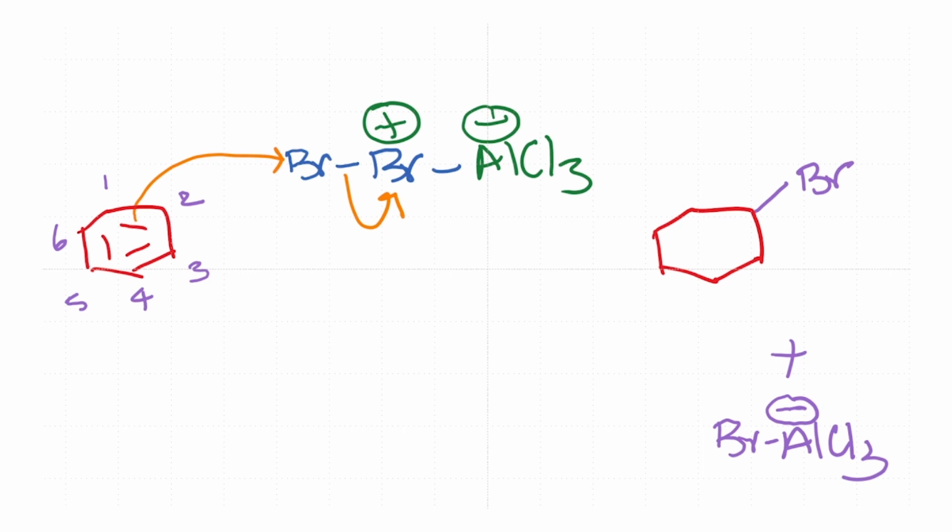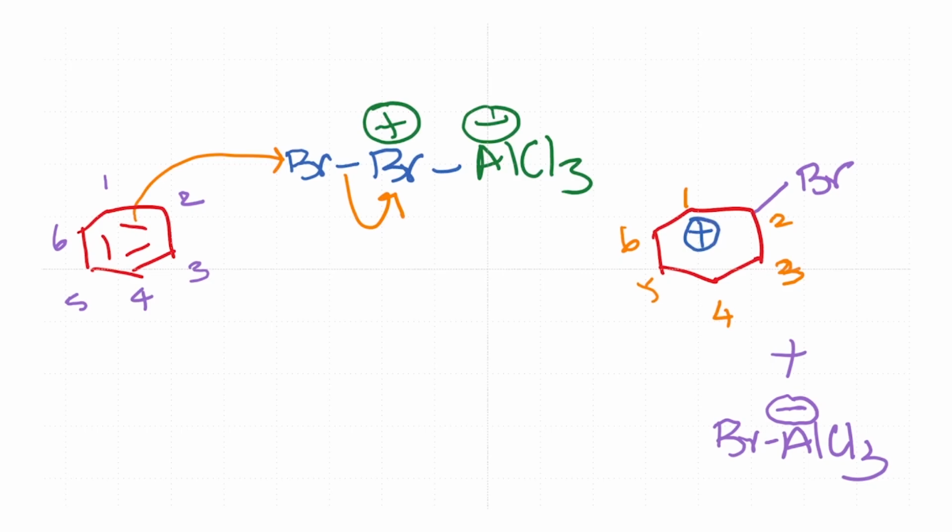So the bond between carbon 2 and bromine is being formed, and the bond between 1 and 2 is broken, and that would result in a full positive charge on carbon 1.